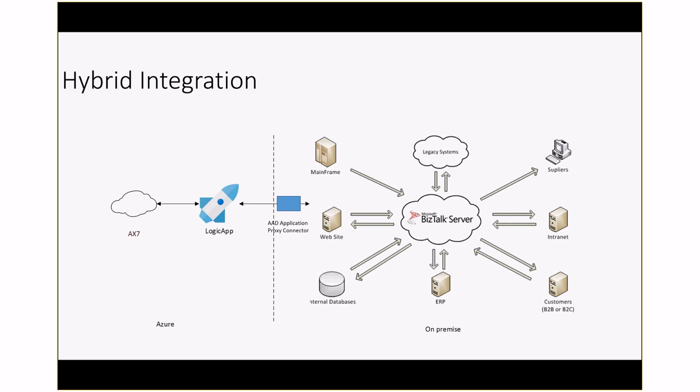There are a lot of options for that authentication, and by doing this you'll be able to enable a hybrid integration from your cloud assets to on-premises assets in a secure fashion. Obviously that is not the only solution. You can use Azure Service Bus. There are a lot of other solutions, but this is one popular solution that is being considered.